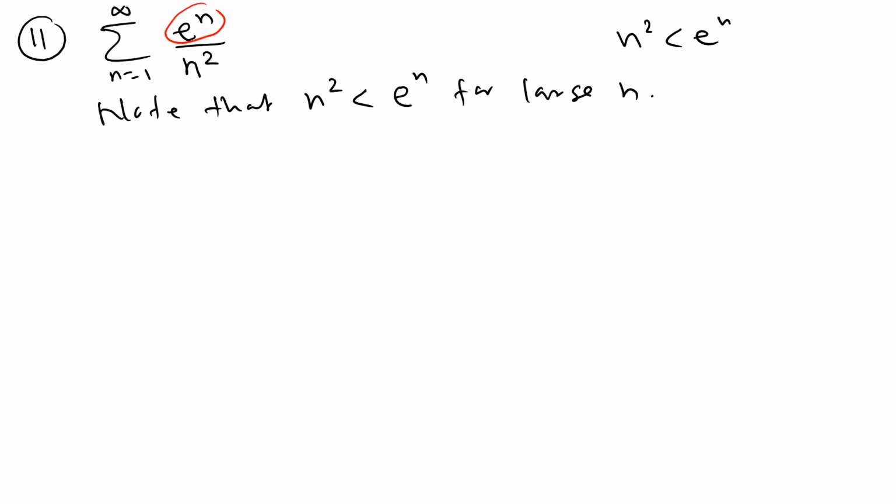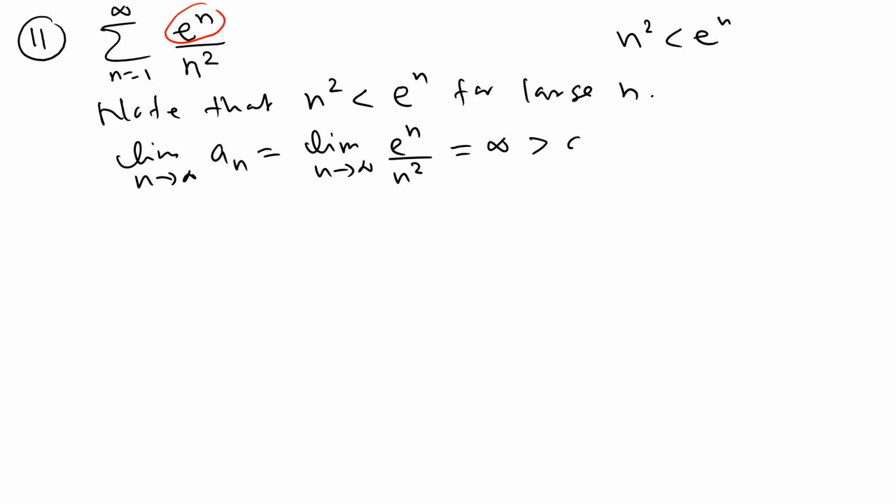So what we can do is take the limit. The limit as n goes to infinity of an equals the limit as n goes to infinity of e to the n over n squared. Since e to the n grows much faster, this goes to infinity, so this is larger than 0.